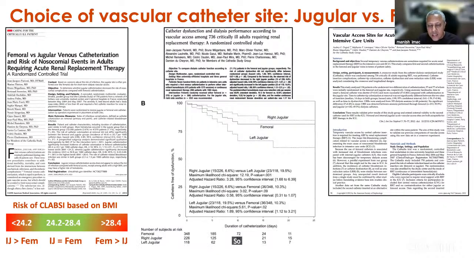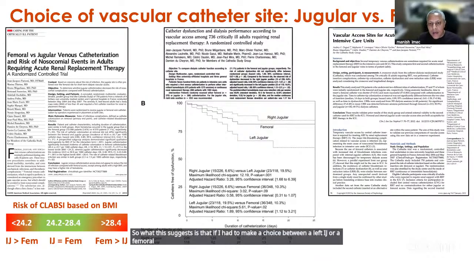So what this suggests is that if I had to make a choice between a left IJ or a femoral catheter, my choice should actually be a femoral catheter. Of course, there will be some other considerations that you have to put in, but between the performance, these two would be the choice.